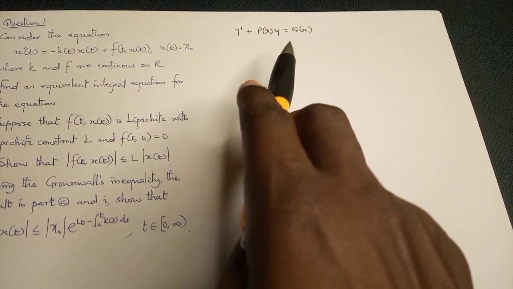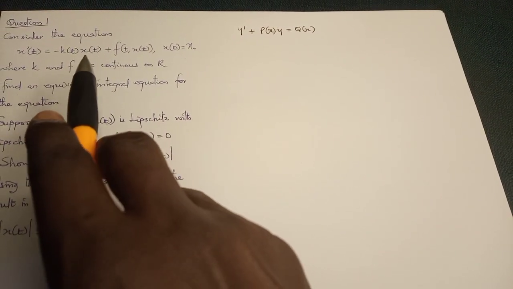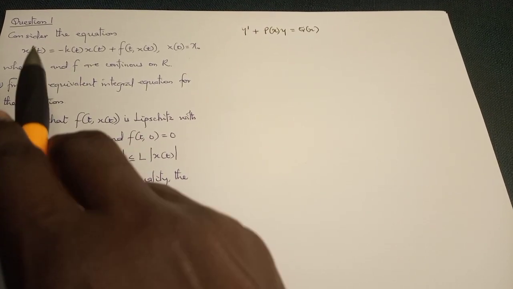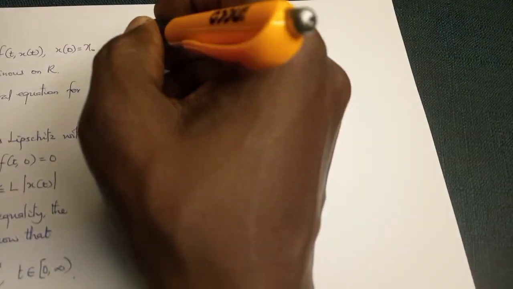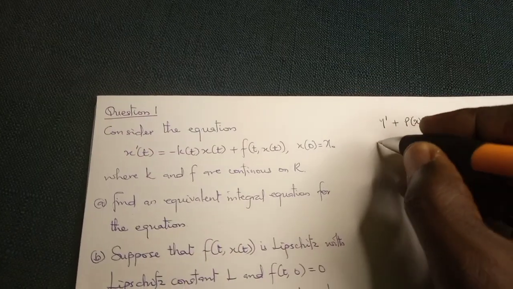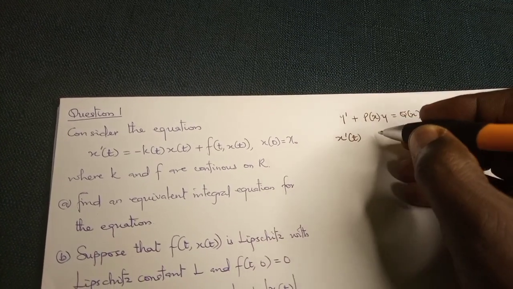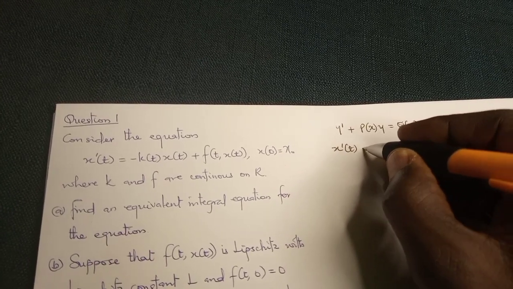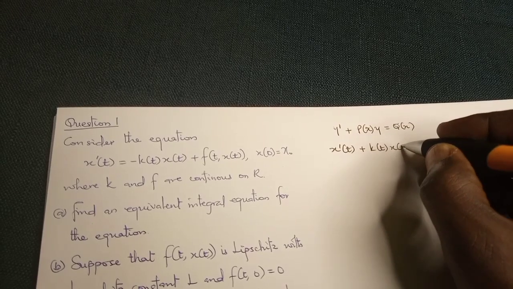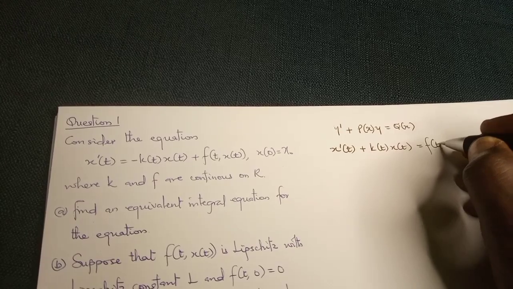Writing it in this form, we bring this to the other side, so we take the inverse of this, and that gives us x prime of t plus k of t x of t equals f of t x of t.